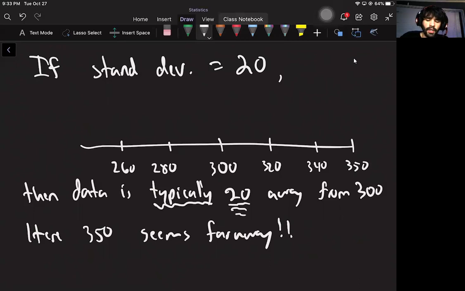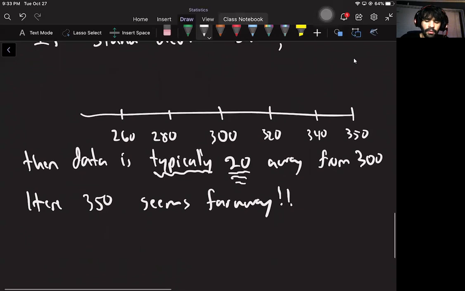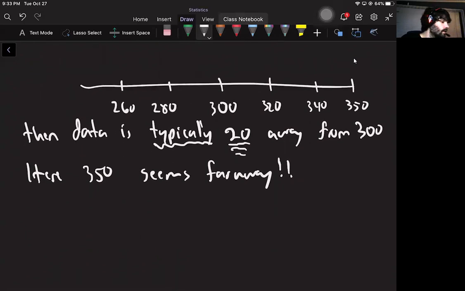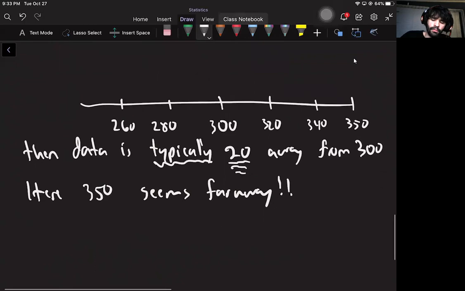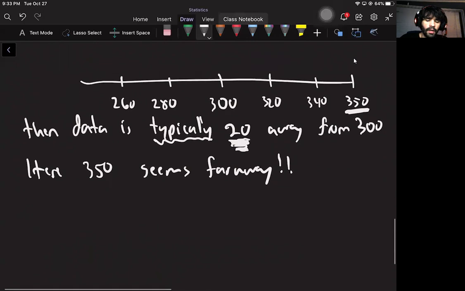Because the spread is not that much, 350 seems very far away. So when I measure its position, how far away 350 is from 300, I really do have to think about what the standard deviation is first to say whether it's far away or not.